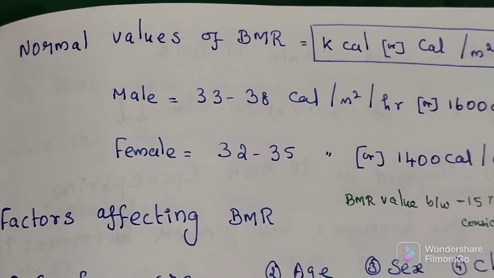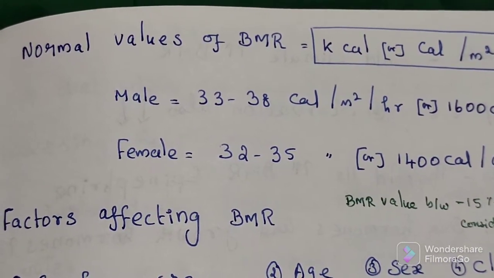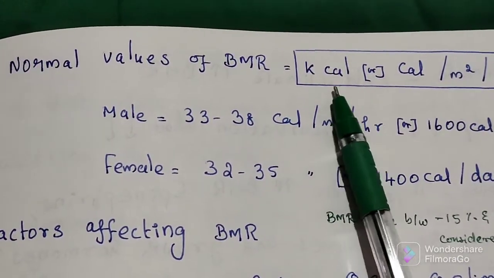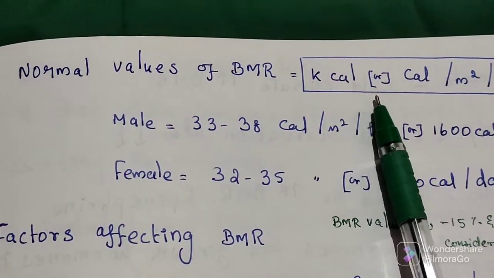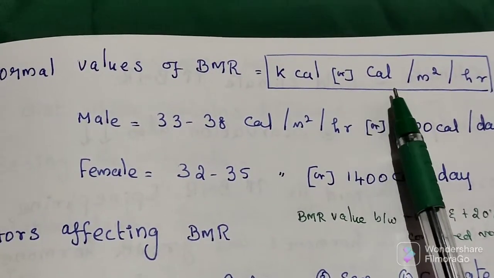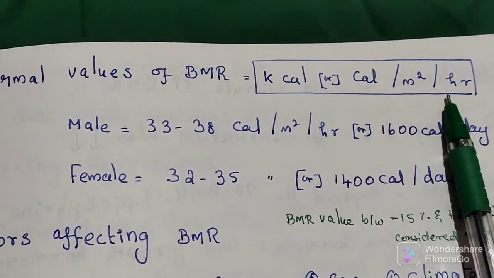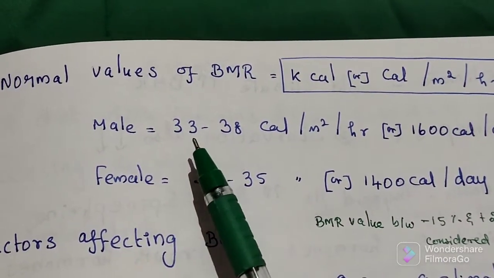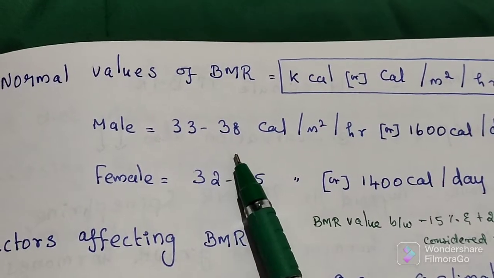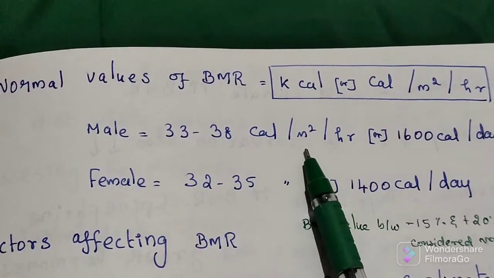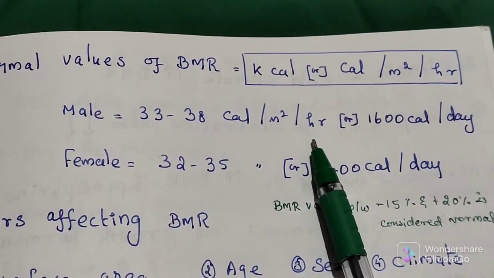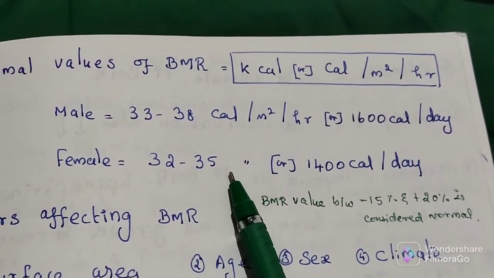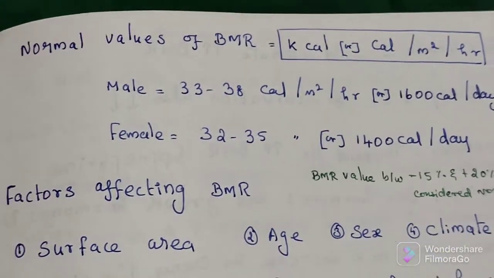The normal value of BMR is in kilocalories per meter square per hour. In males it is 33 to 38 calories per meter square per hour, and in females 32 to 35 calories per meter square per hour.